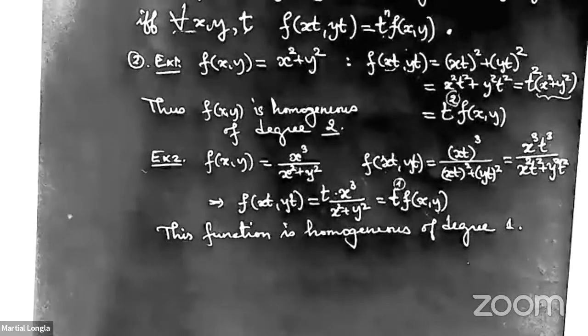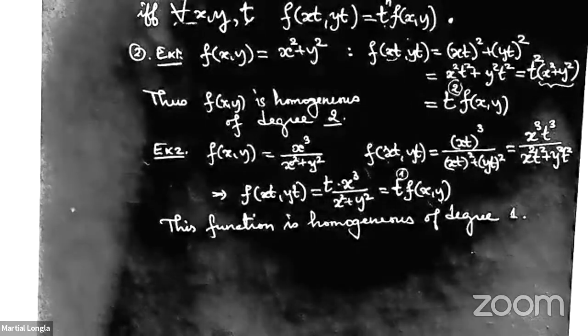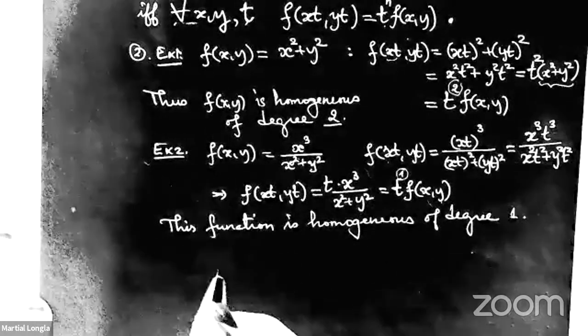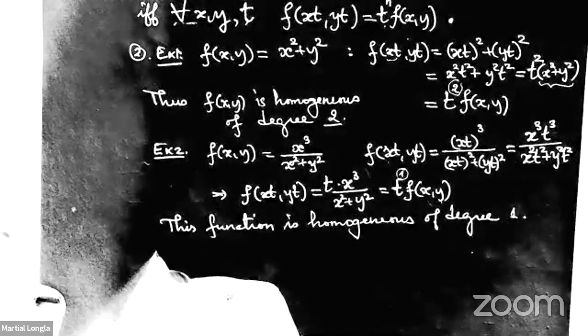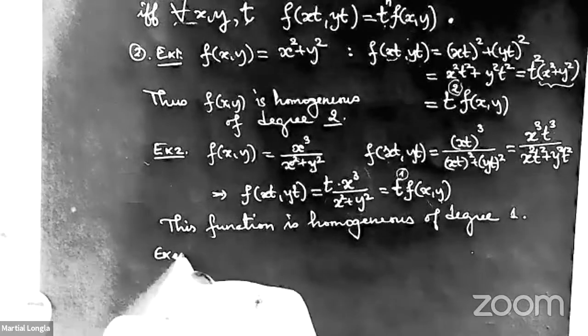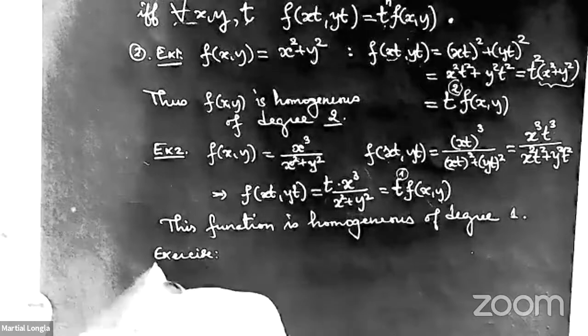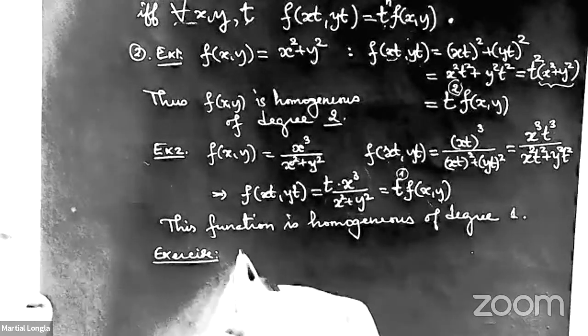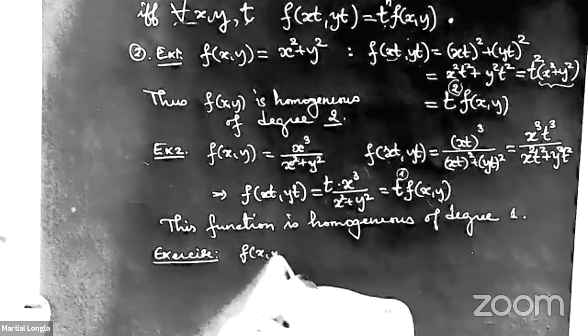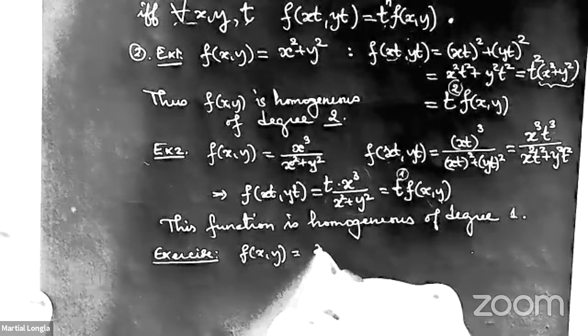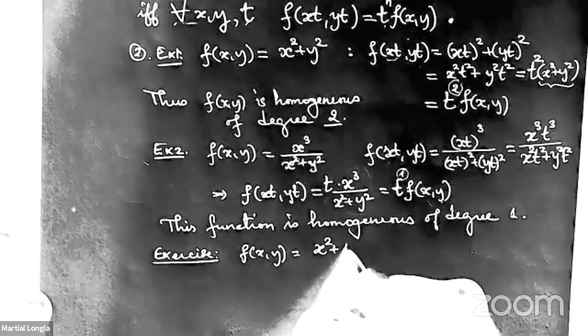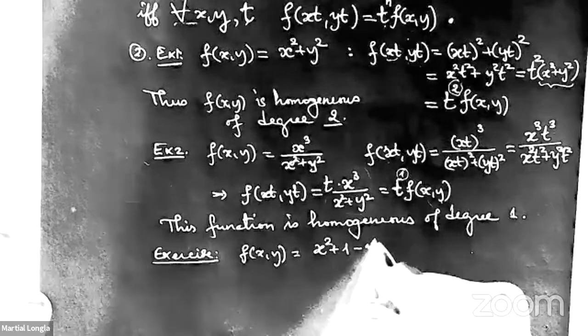Okay, so if we are good with this, let me give you an example and you try and tell me if the function is homogeneous or not. So exercise: f of x, y equals x squared plus 1 minus y squared.